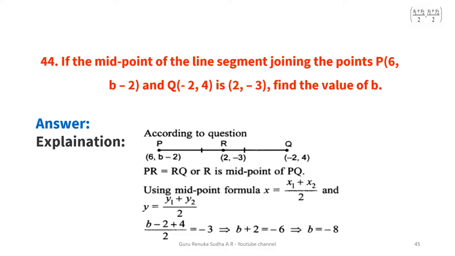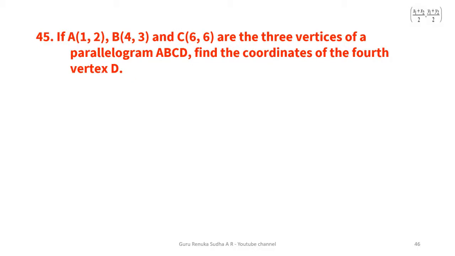45th problem. In this problem, three points are given with their coordinates. They are asking, if these are three vertices of the parallelogram ABCD, find the coordinates of the 4th vertex D. So three vertices they have given and the 4th one we have to calculate.